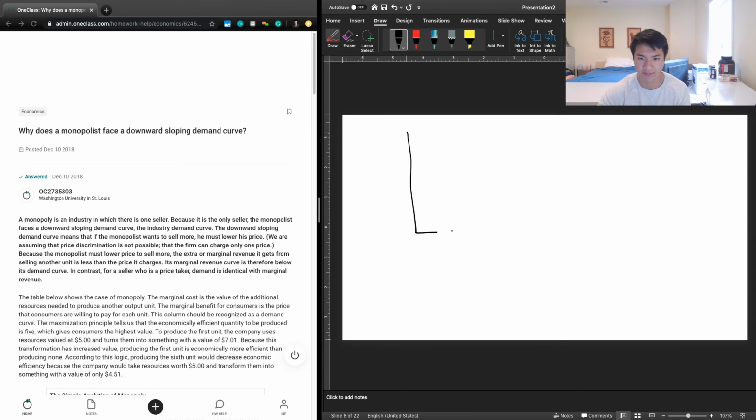So we have our price, we have our quantity, we have demand, supply. What makes this a monopolist curve is it also has a separate marginal revenue curve, which is separate from the demand curve.